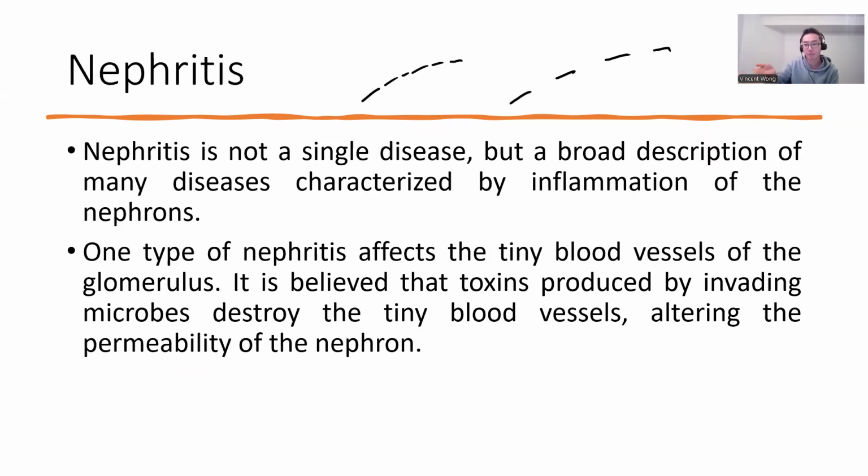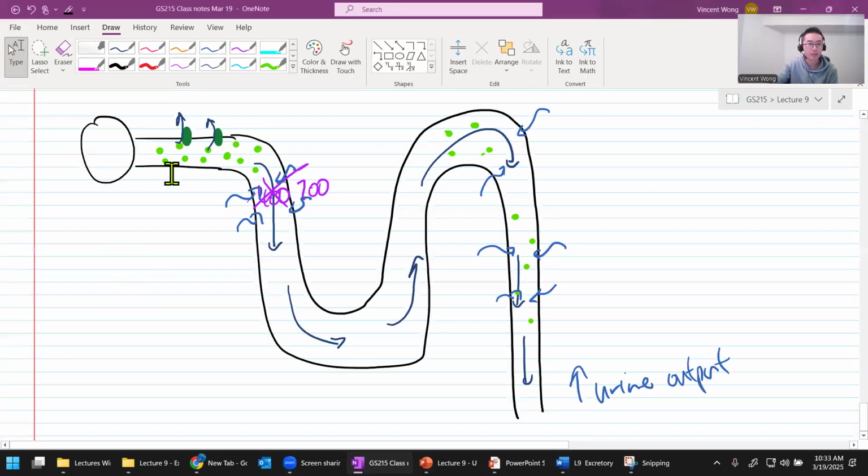So the person might have blood in the pee. It might be red because the red cells are leaking out. There are proteins in the pee now, and remember, you don't have the mechanism to take the proteins back. So now think of the green dots as proteins. They suck water from the surroundings, and now you also pee more than you normally would.